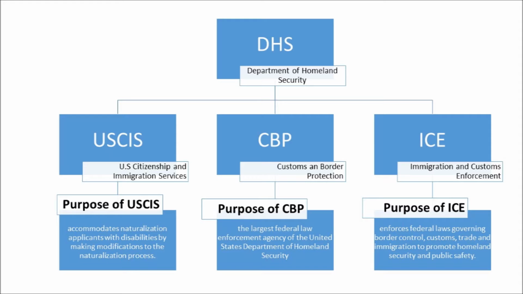What's happening now is ICE is no longer closing any immigration cases, no matter what your situation is, no matter what happened. They are no longer working together with USCIS. So as you can see, it's difficult.